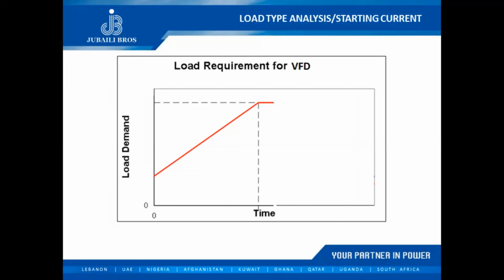And using this kind of starter, I can consider that my starting current is equal to my running current, okay? My factor is 1. There's no addition at all. So typically, this is the best scenario for someone who is sizing a genset. Okay, it's the most straightforward, but it's really costly.